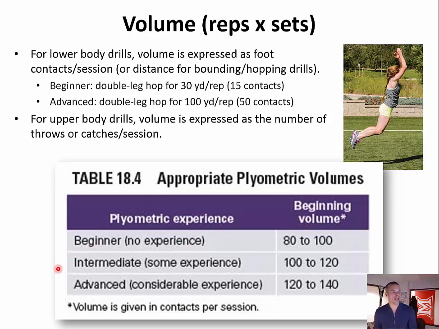For intermediate, after they gain some experience or may have prior experience with plyometric exercise training, slightly higher volume, 100 to 120 contacts per session. And then for an advanced plyometric athlete that has considerable experience with plyometric training, a higher volume, 120 to 140 contacts per session. Again, these are just suggested volumes for various athletes based upon their plyometric exercise training experience.